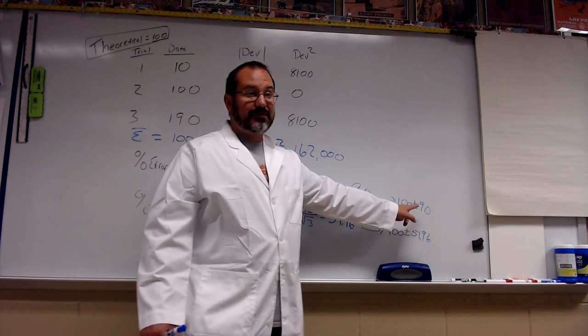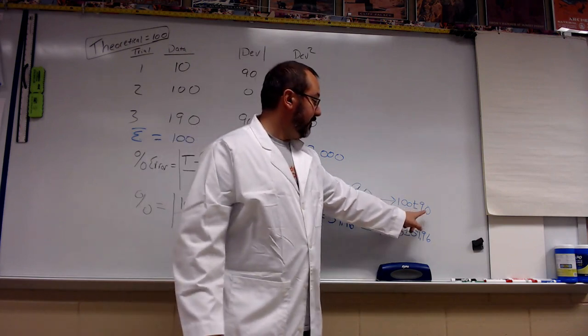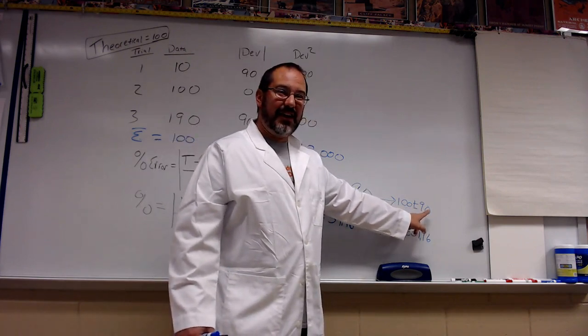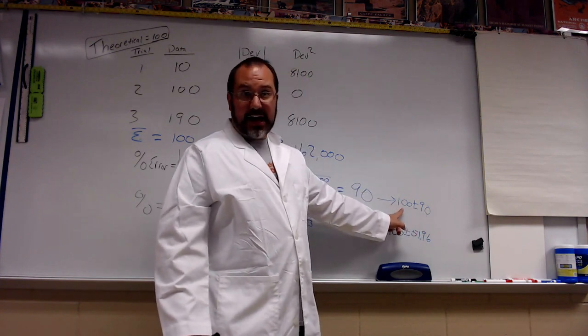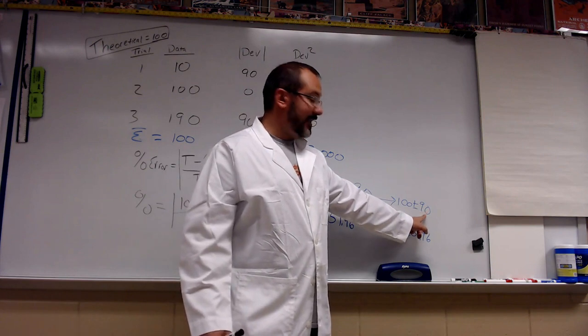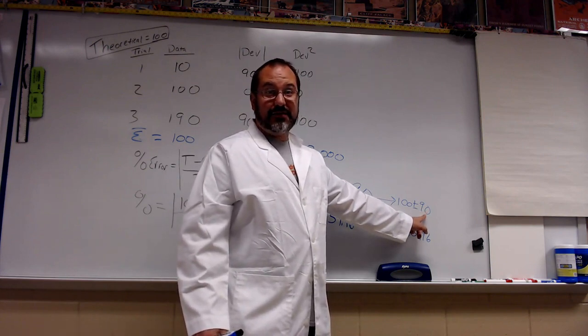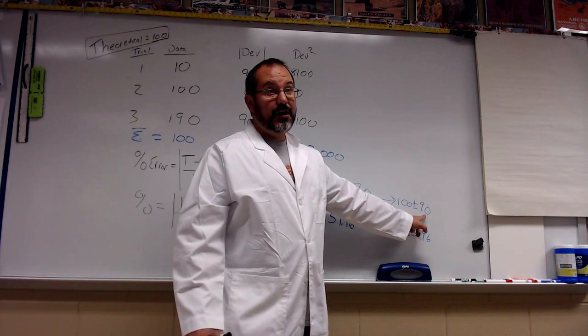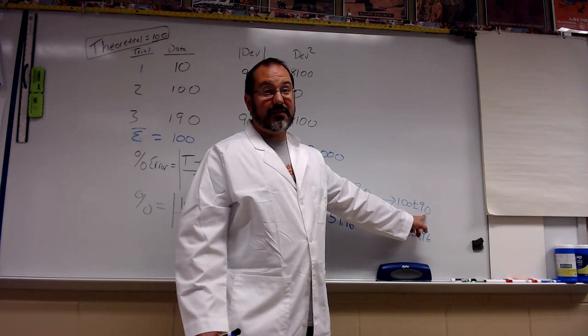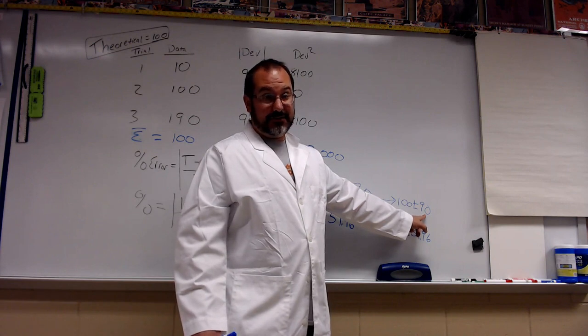In my class, it is going to be 5%. So 5% of 100 is 5. If this value is less than 5, then I would consider the data to be precise. This is much larger than 5, so I'm going to consider this data to be not precise.